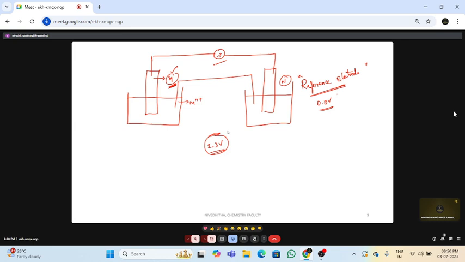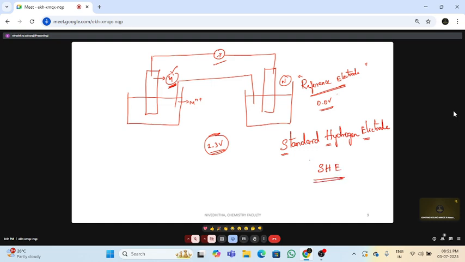In electrochemistry, we have a few reference electrodes, but in your syllabus, we have only one reference electrode, which is called the standard hydrogen electrode, abbreviated as SHE.